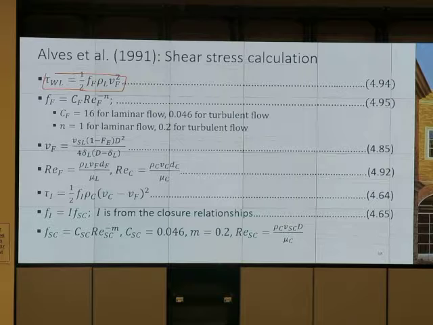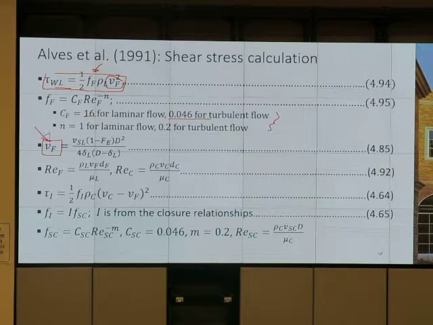Tau WL is 1/2 f rho V square, and that f is of course the Fanning friction factor. Okay. That f can be 16 over Reynolds number or 0.046 Reynolds number to the minus 0.2. Okay. This is Colebrook type equation. Oh no, Blasius type equation. VF, okay, film, actual film velocity.